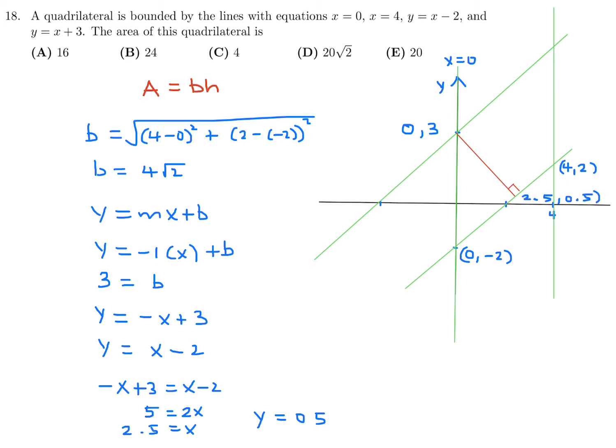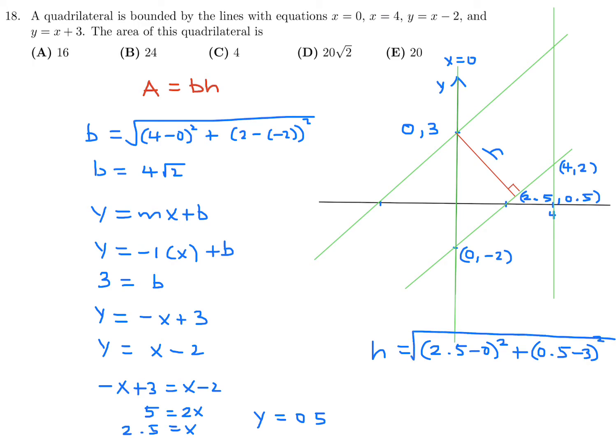So now we can easily figure out h. That is this distance right here, that red line. So h is going to be 2.5 minus 0 all squared plus 0.5 minus 3 all squared.